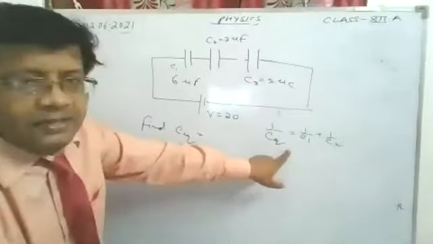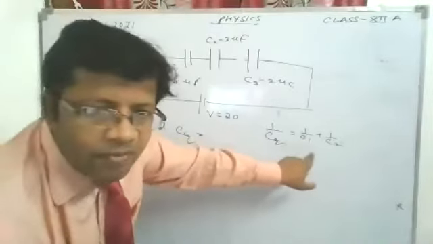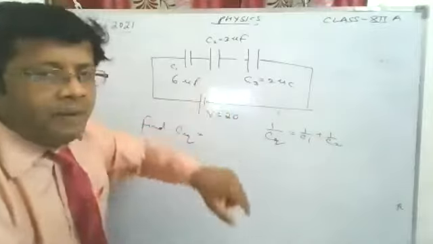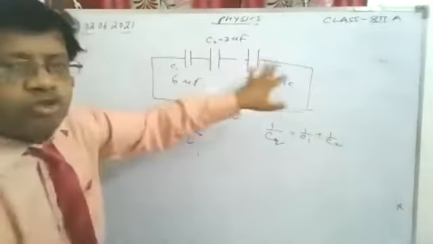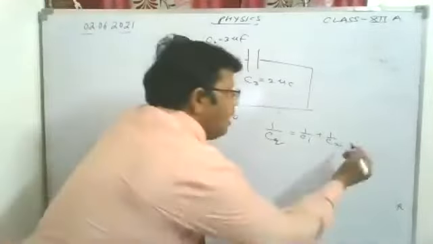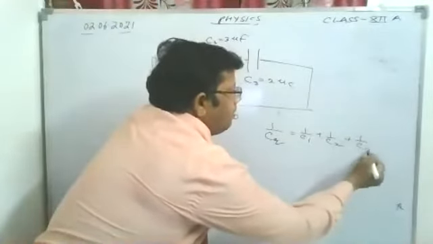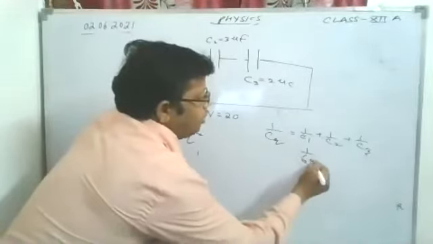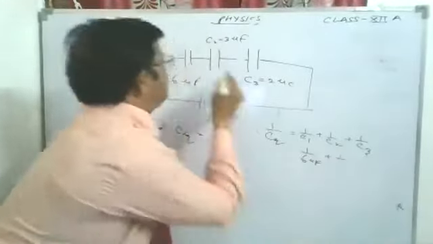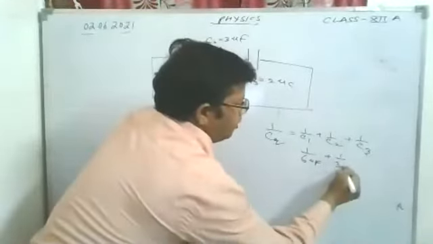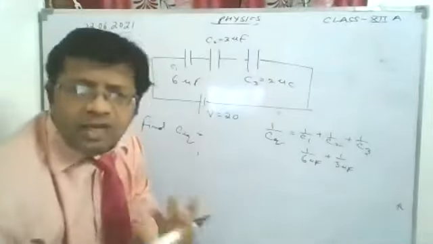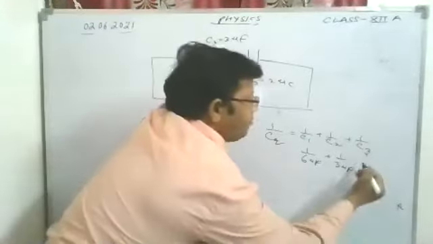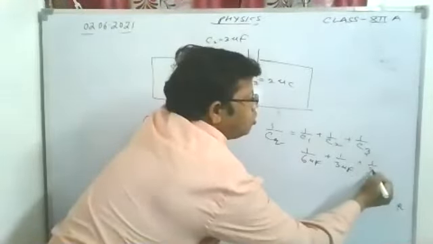This type of inverse formula we apply for resistance in parallel combination, but in capacitors it is applied for series combination. Beta, what is the first one? 6. Beta, put 6 microfarad. Here, what, beta? Second one, 3 microfarad. Micro means 10 power minus 6, and farad, capital F, is the unit of capacitance. 1 by C3 is 2 microfarad.